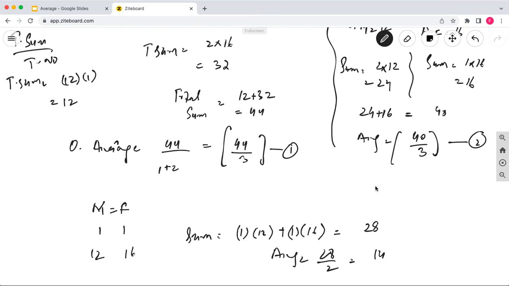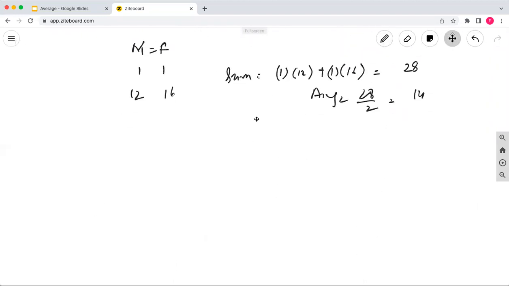So that's why, without knowing the total numbers, the weights of the averages, we cannot determine the overall average. And that is the concept of the weighted average. The weights matter.